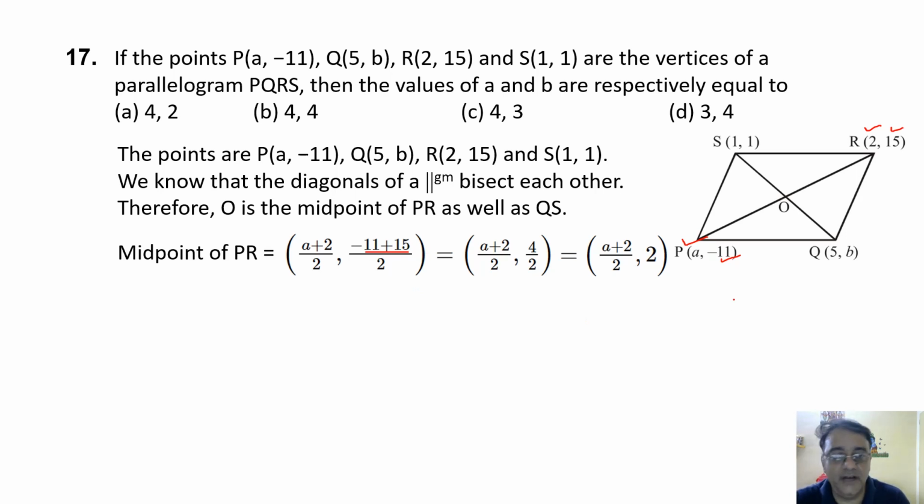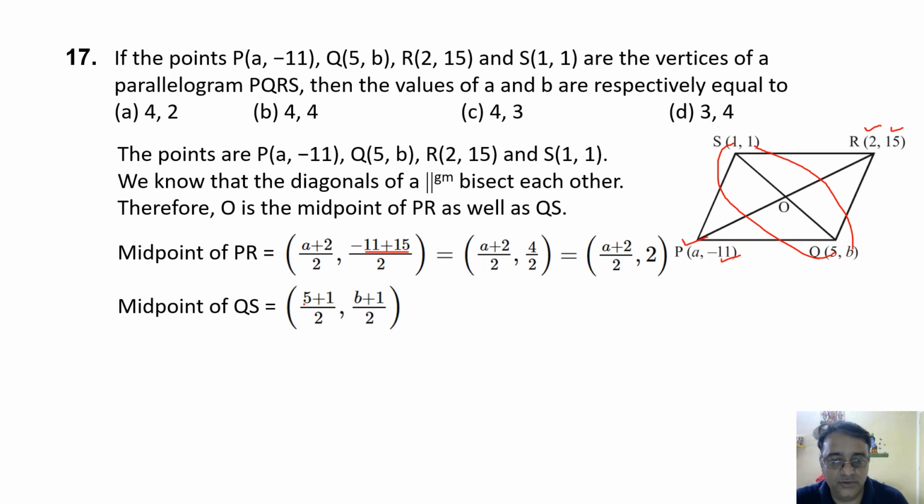This is clear, the midpoint of PR. Yes, sir. Okay, now the midpoint of QS: (5 plus 1) by 2, (b plus 1) by 2. So 6 by 2, which becomes 3, and (b plus 1) by 2. Now the midpoint of both is the same, that is O. So we will equate the x coordinate and y coordinate.